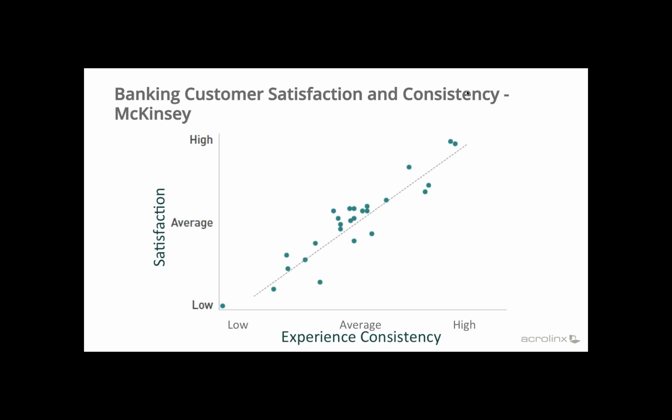They looked at the correlation between companies that have low consistency with that buyer journey across all the different touch points, not only their content, but the product materials and their user manuals and all of those things, and compared that to the companies that have a very high quality and highly consistent customer experience. And there was almost a one-to-one correlation. You can see that the companies that had that very consistent customer experience were driving very high customer satisfaction scores.